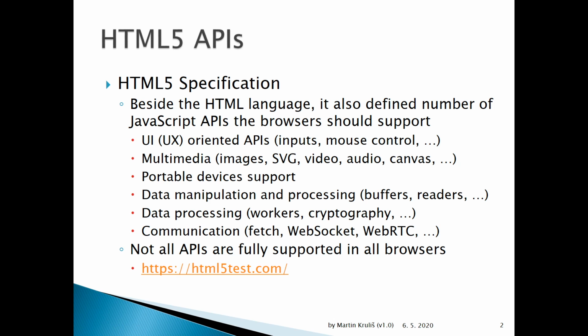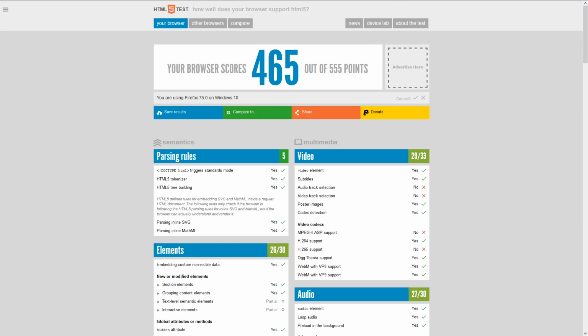So it's a good thing to know where to find these APIs. Good place to start might be this page. It's called HTML5 test. Actually, it's not just an overview of all the technologies, but it's mainly designed as a testing suite, which checks whether individual technologies, individual APIs are available in my browser.